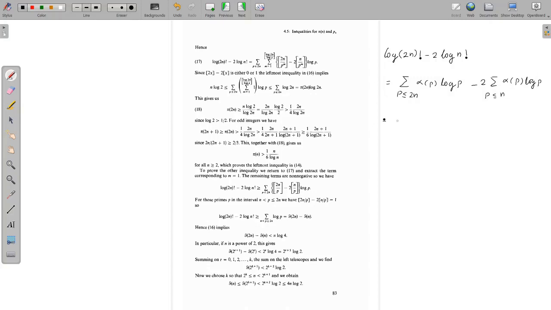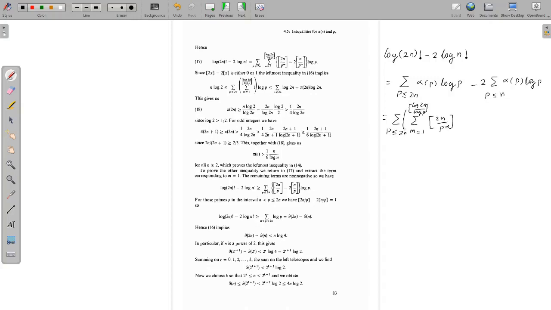So this is equal to sigma p less than or equal to 2n. For alpha of p we have summation m equal to 1 up to log 2n by log p of the integral part of 2n by p raised to m.